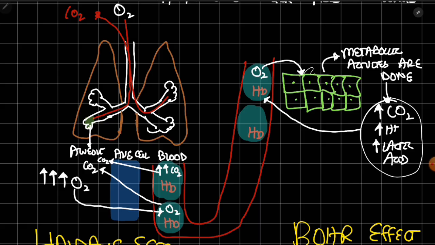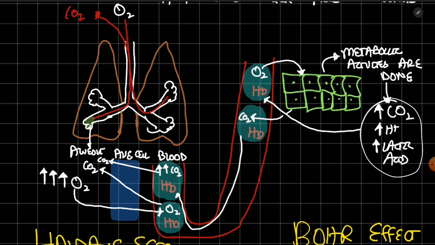So the O2 release will be facilitated by the acceptance of CO2, and then the CO2 will go here, and then the Haldane effect will occur at lung level. So Bohr effect at the cellular level and Haldane effect at the lung level.